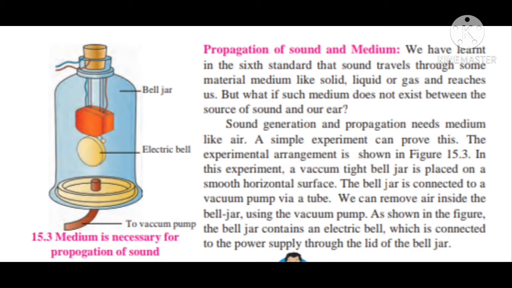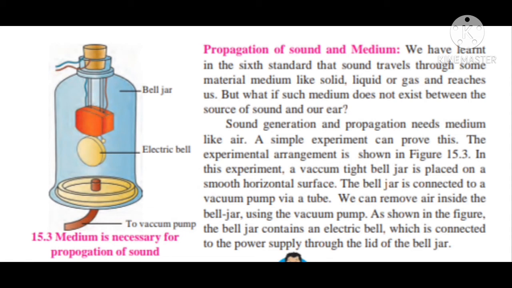The experimental arrangement is shown in figure number 15.3. In this experiment, a vacuum tight bell jar is placed on a smooth horizontal surface. The bell jar is connected to a vacuum pump via a tube. We can remove air inside the bell jar by using the vacuum pump.